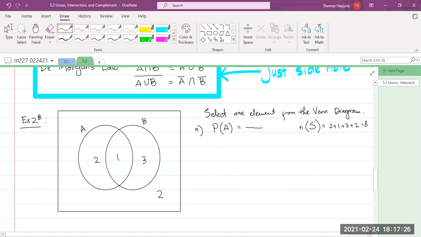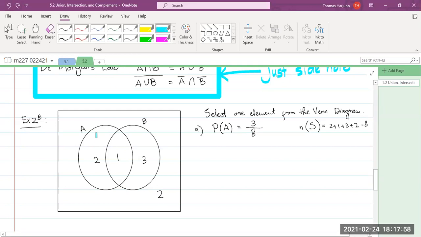There are 8 elements in the Venn diagram. Okay, how many of them in A? There are 3 in A. Notice that I don't use a dot here. If I use dots here, then there are 4 elements in the Venn diagram. But no, I don't use dots.